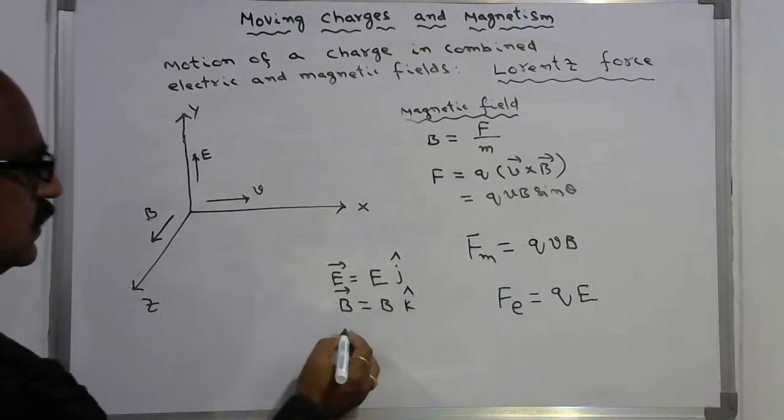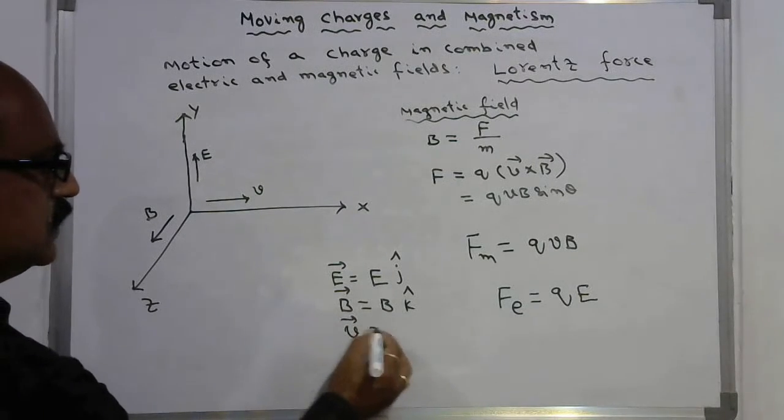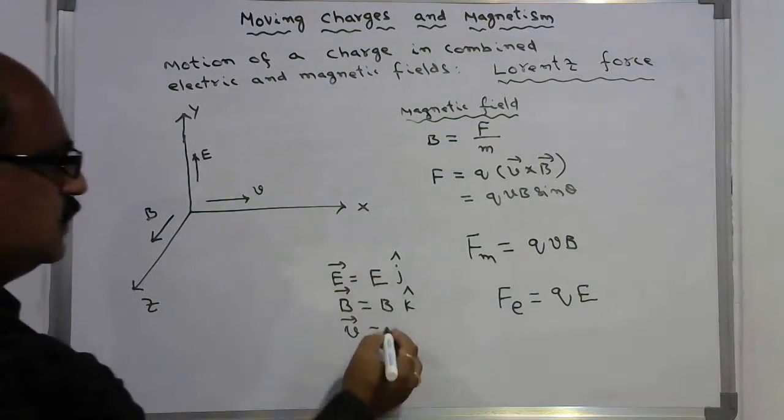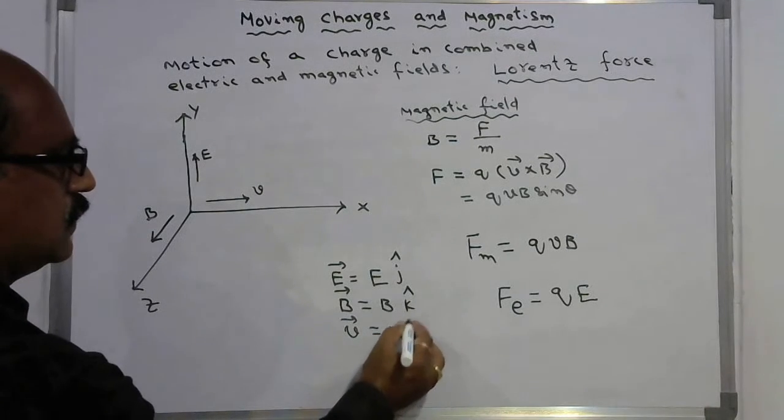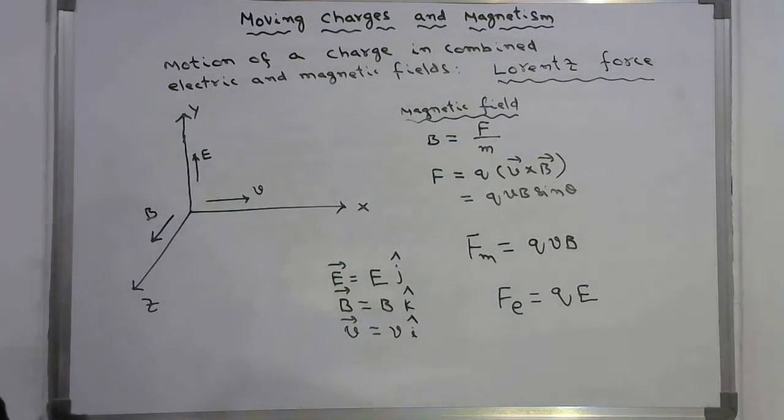And V is V into I cap. So these are the three different vectors acting in three mutually perpendicular directions, that is I, J, K.